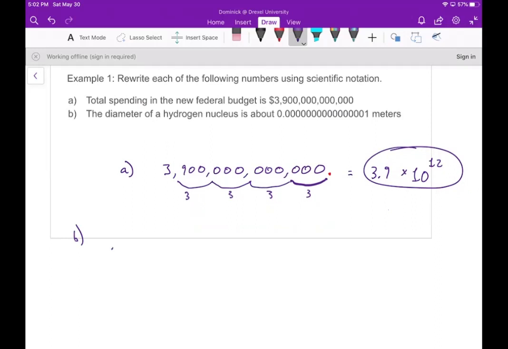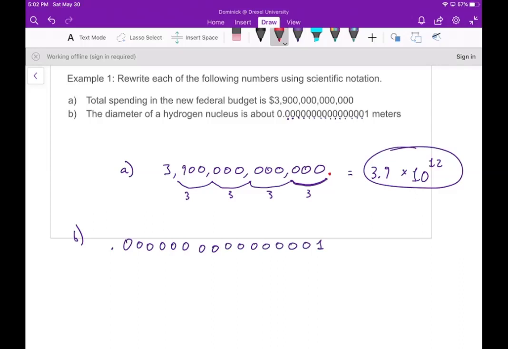So we have point, and let's see if I can count these zeros right. It looks like we have 1, 2, 3, 4, 5, 6, 7, 8, 9, 10, 11, 12, 13, 14, 15 zeros, and then 1.